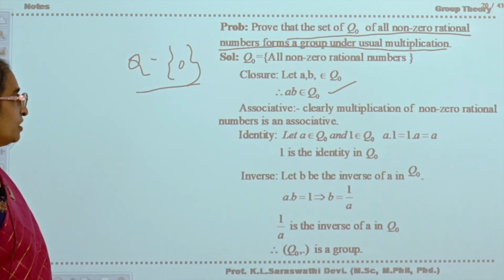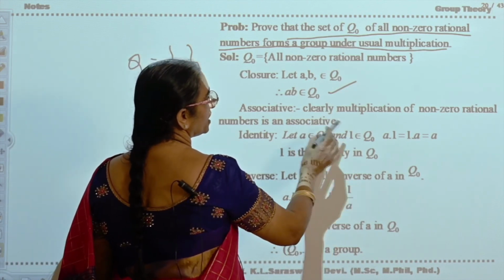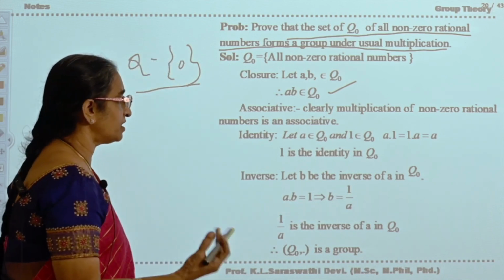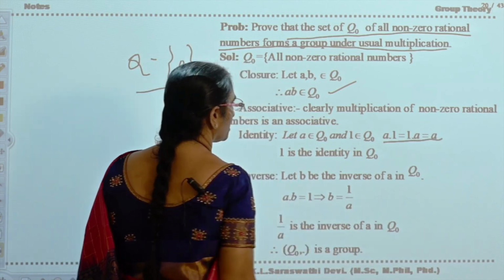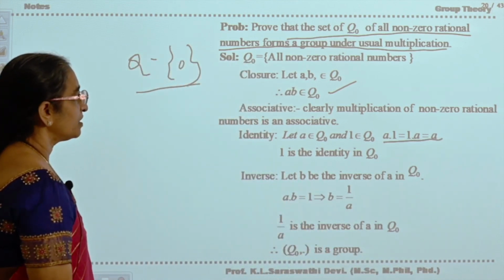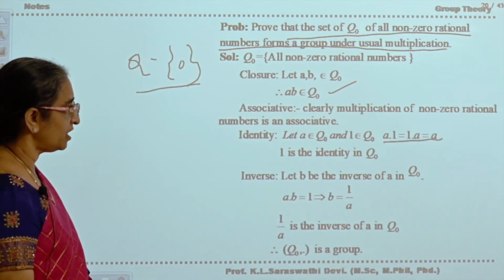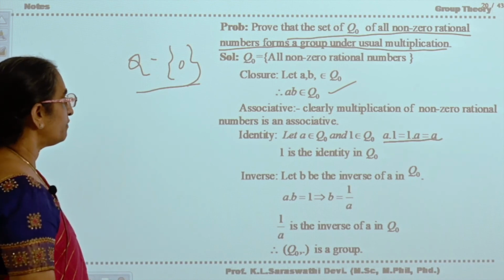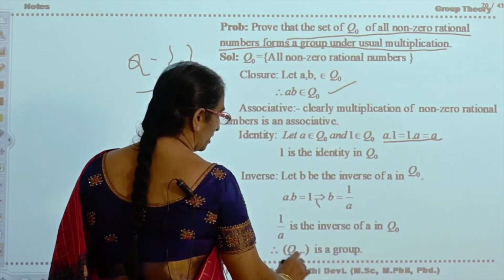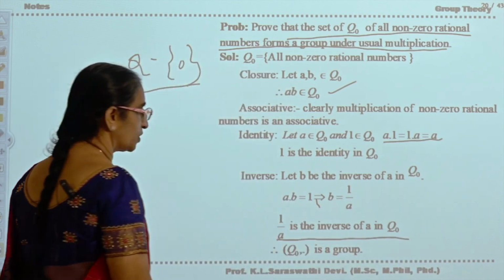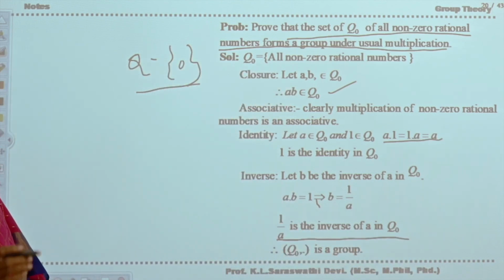Associativity follows. Next, identity: take it as 1. 1 is a rational number, and 1 is the identity. For a belonging to Q naught, a into 1 and 1 into a are equal to a. Similarly, if you take a, 1 by a will be the inverse. So a into b is equal to 1 implies b is equal to 1 by a. 1 by a is the inverse of a in Q naught. Therefore, Q naught is a group.